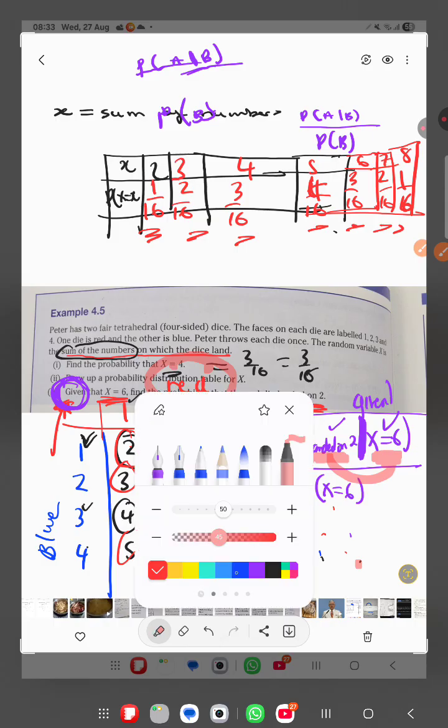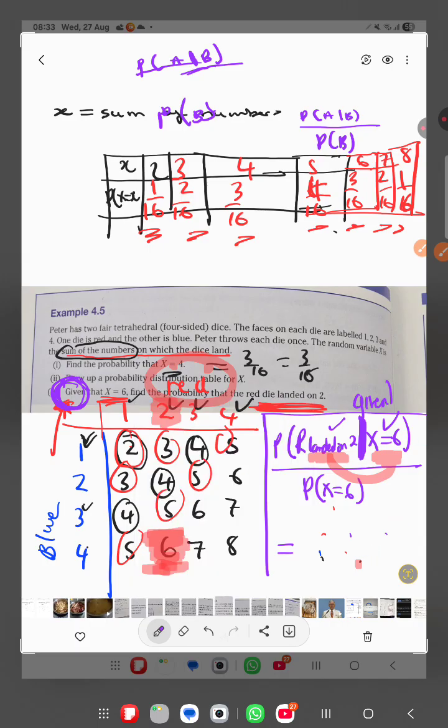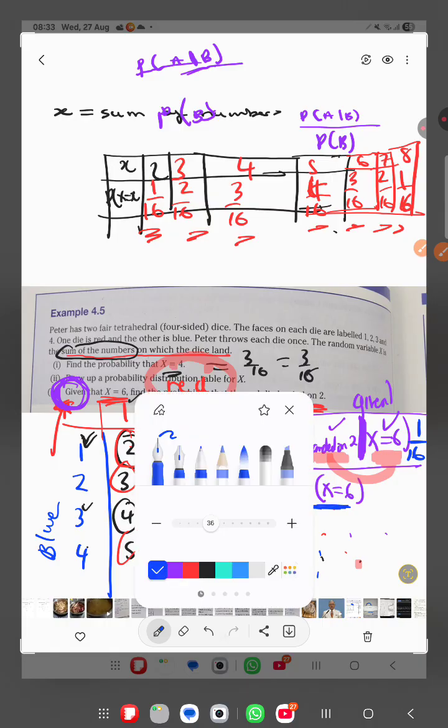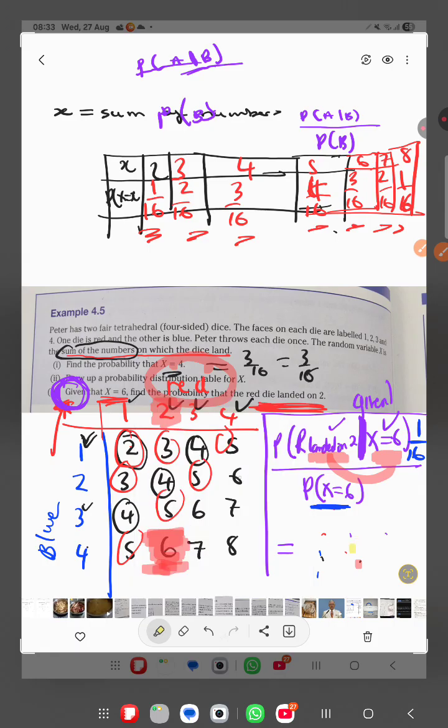And the answer to that top one is actually just 1 out of 16. And the bottom one is the probability that X is 6. Well, that's not too hard, is it? I see the sum being 6 there, there, and there.